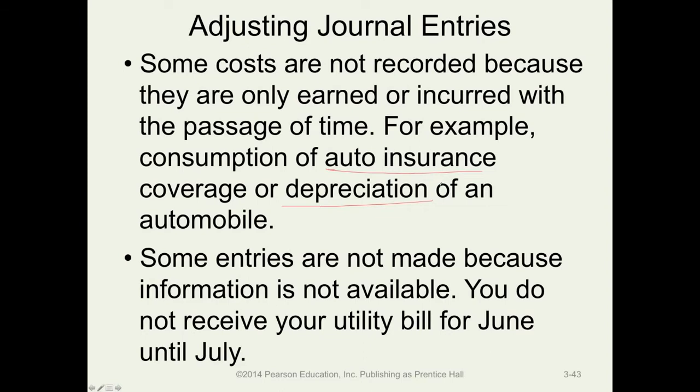And some entries, of course, have to be made at the end of the year simply because they are based on information that's not available. So as I mentioned earlier in some of the modules, you just don't receive your June utility bill until the middle of July.